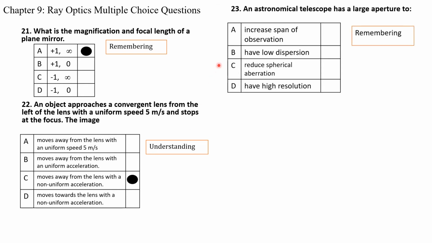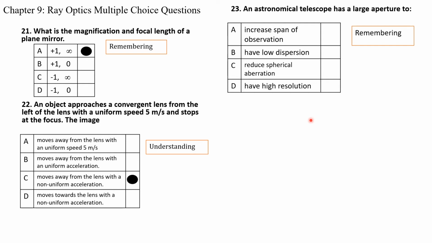Next question. An astronomical telescope has a large aperture. Four options are given. Why do we have a large aperture?